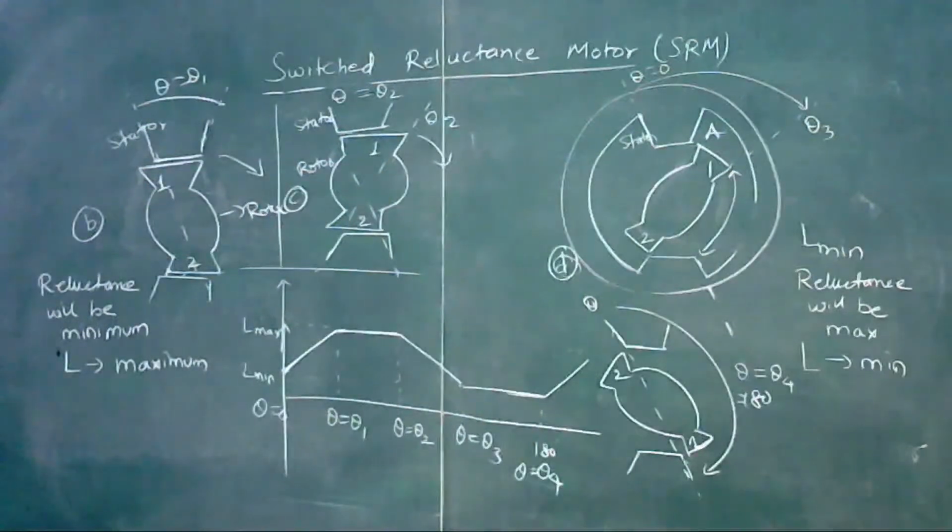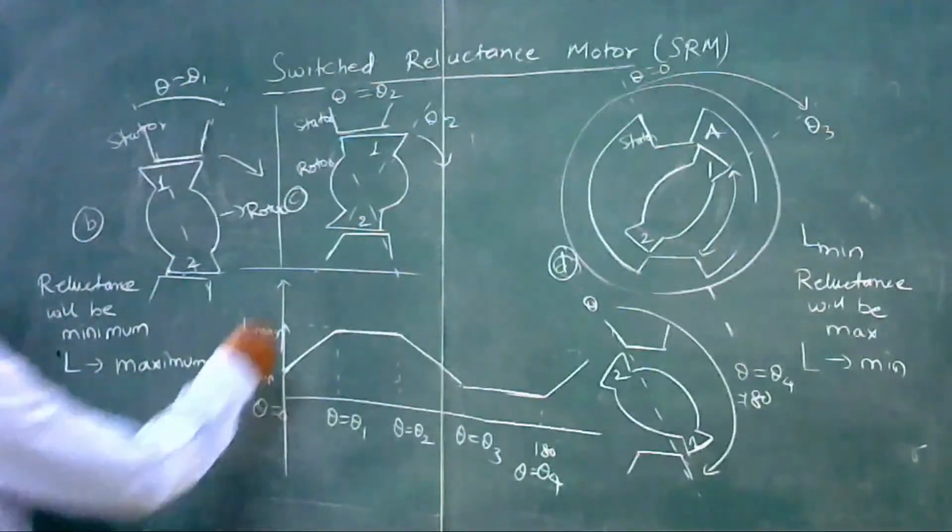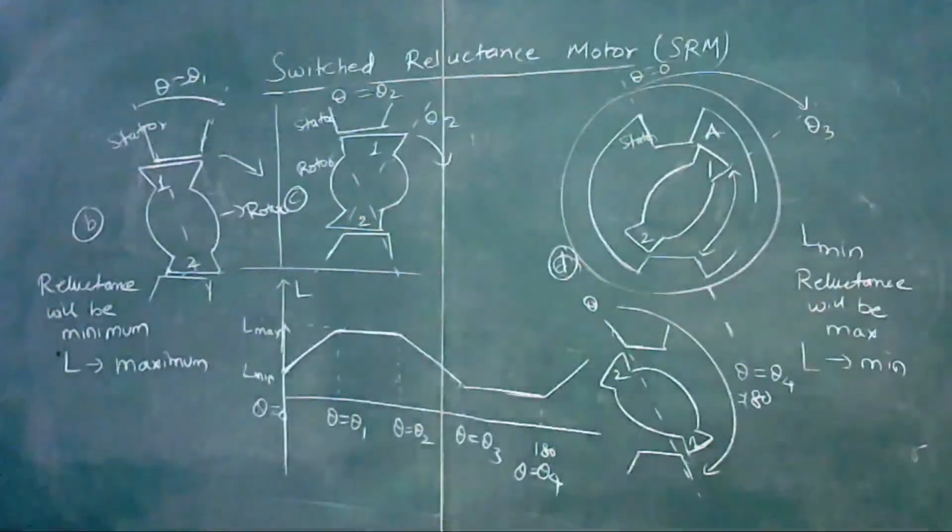Okay, so this is the variation of the inductance. So this is the inductance variation of stator phase winding.